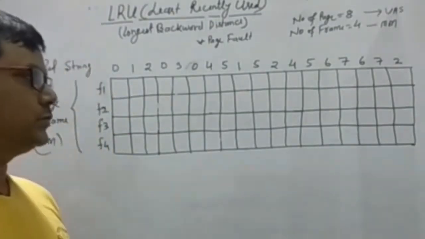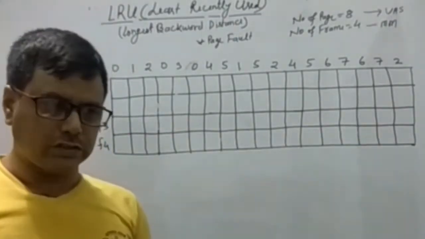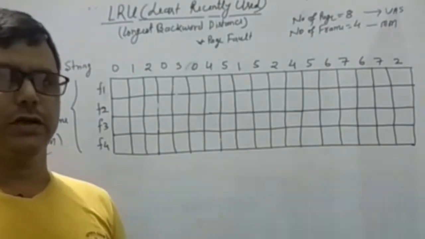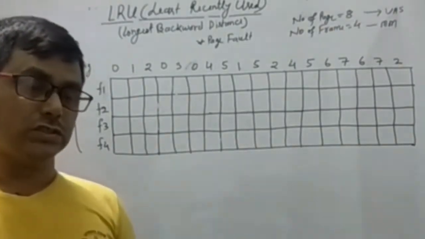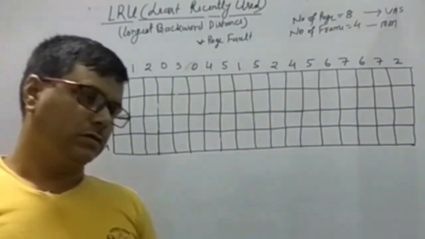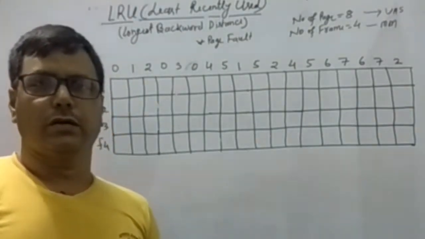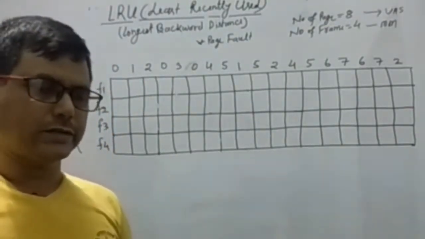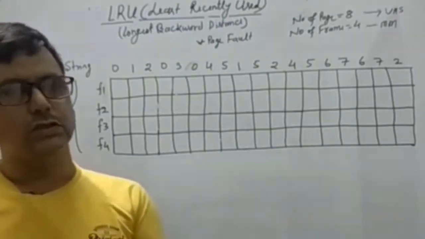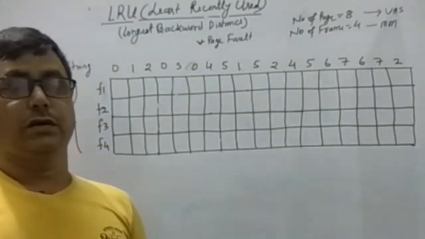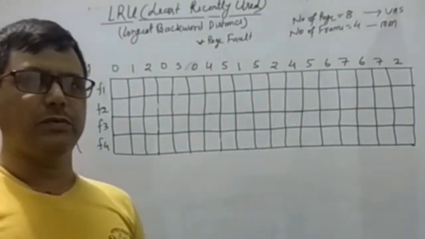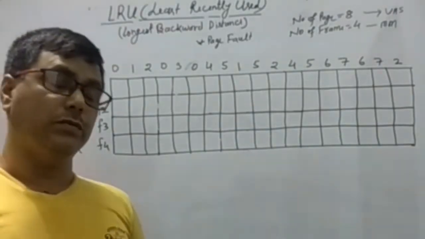When the CPU wants to fetch some page, that page request is given as a logical address. That page is searched in the page map table.